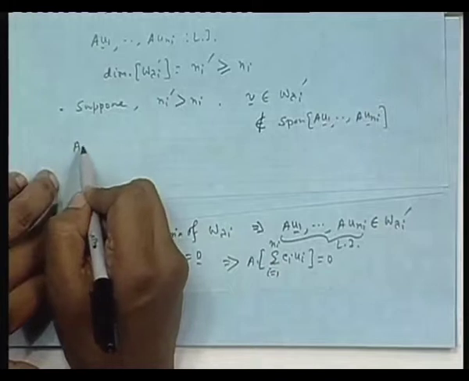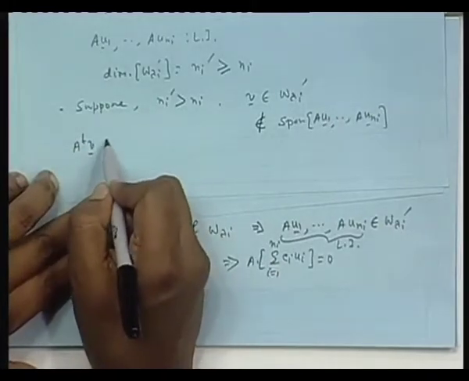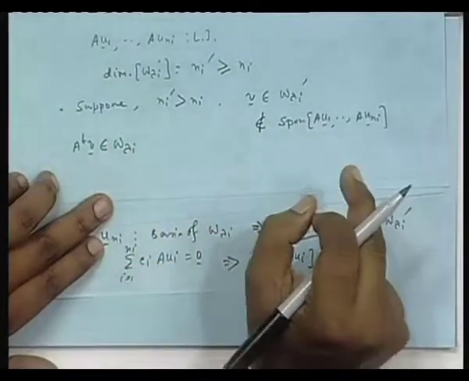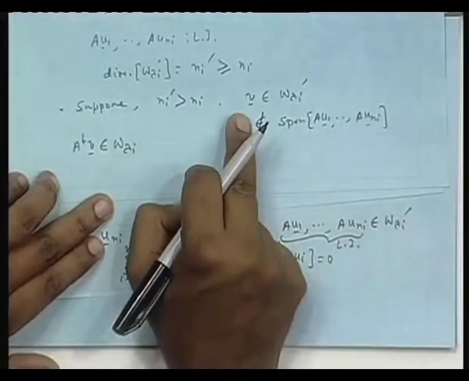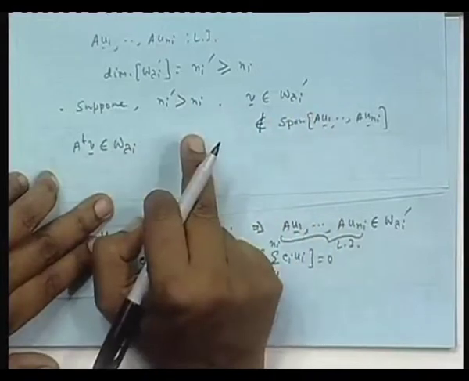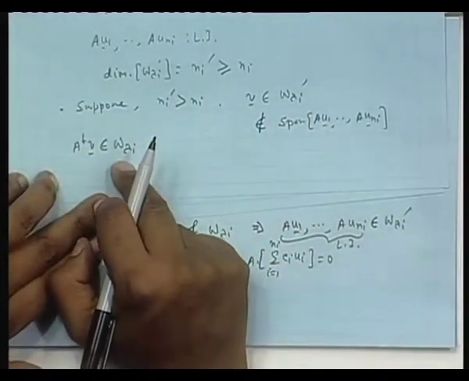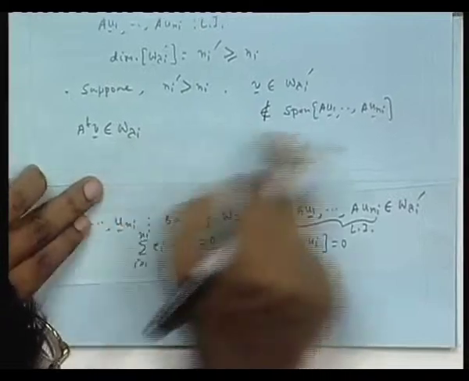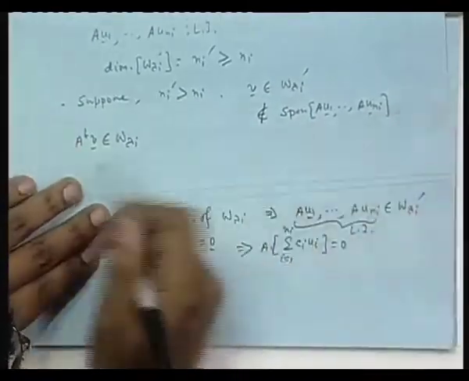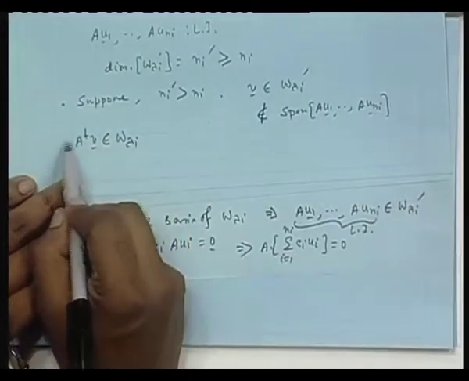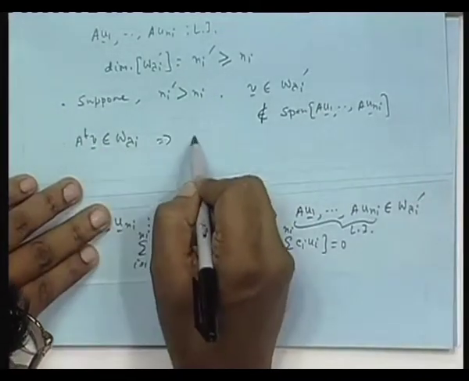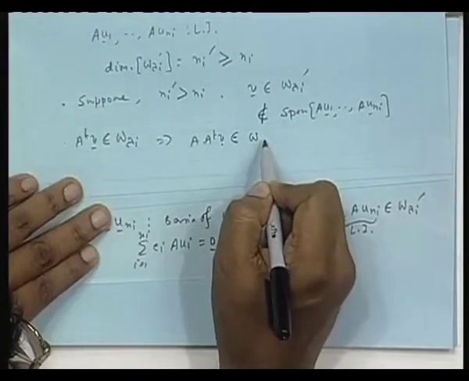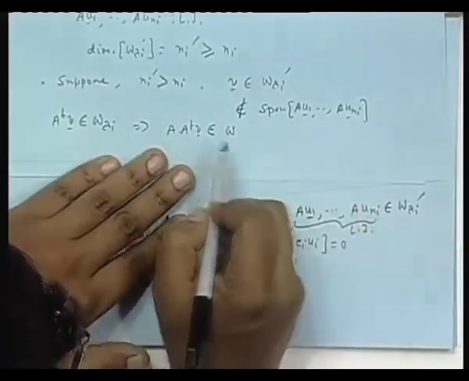That means A transpose V is an eigenvector belonging to W lambda I with the same eigenvalue, because I said that if A A transpose has an eigenvalue lambda I and eigenvector V, then A transpose V is an eigenvector for A transpose A for the same eigenvalue lambda I. So A transpose V is here, and if this is an eigenvector, then A working on A transpose V will take you inside this.